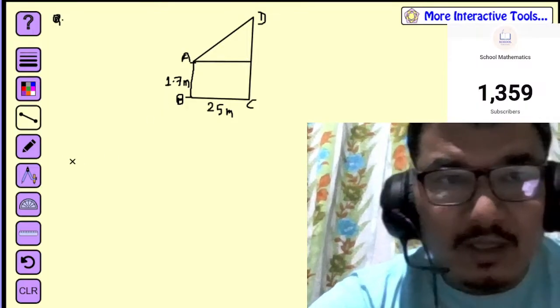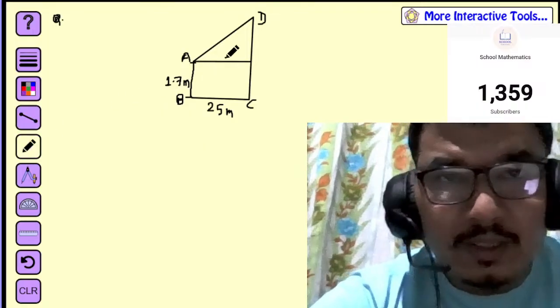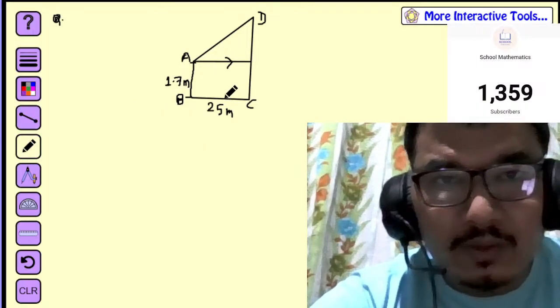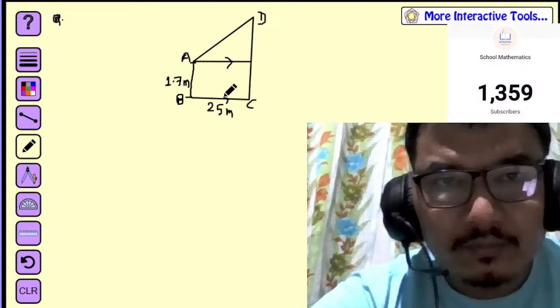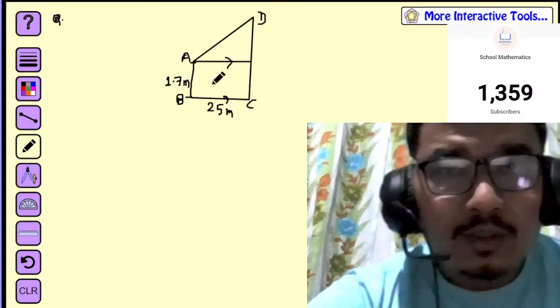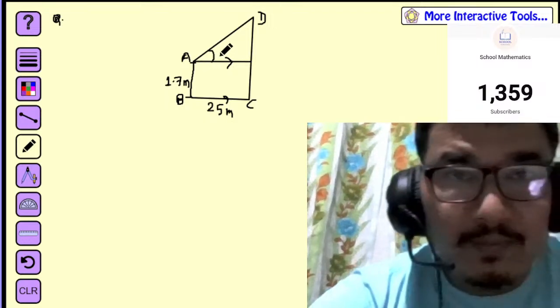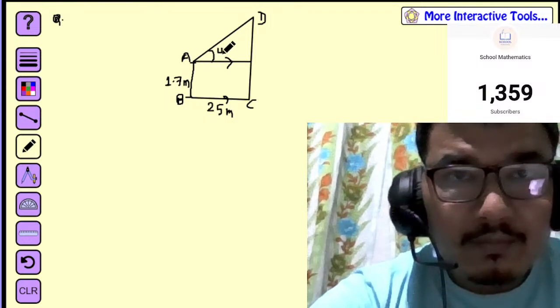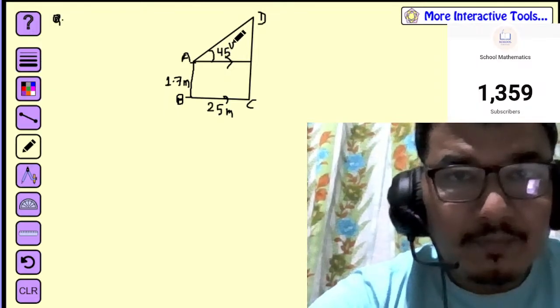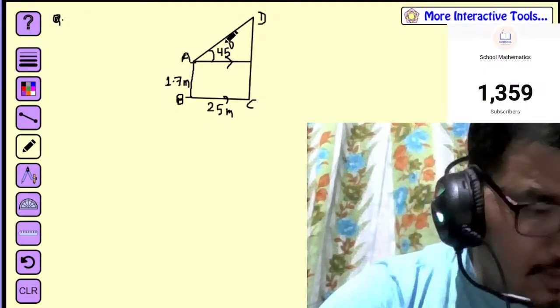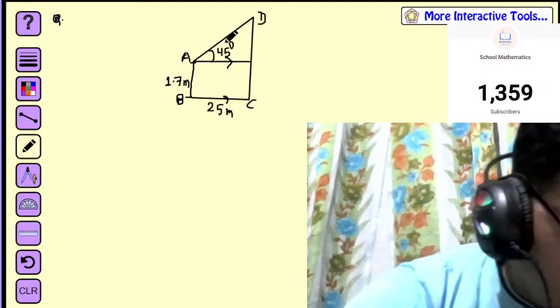This line and this line are parallel, as we know. These two lines are parallel and equal also. This angle of elevation is given there as 45 degree, right?